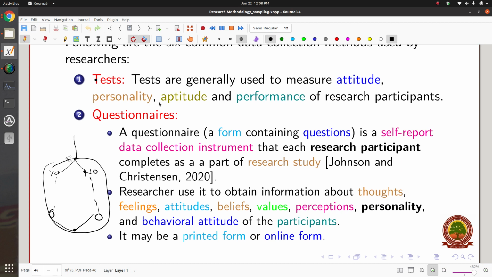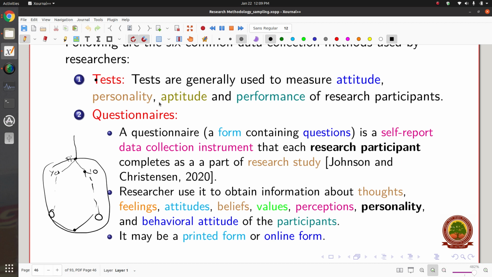Once you have prepared a questionnaire, you have multiple methods. One method is that you can use a printout of your questionnaire. That means you can take the questionnaire in physical form and share it with your participants, and then participants provide their responses as per their understanding to those questions, and you collect the answers they have given.